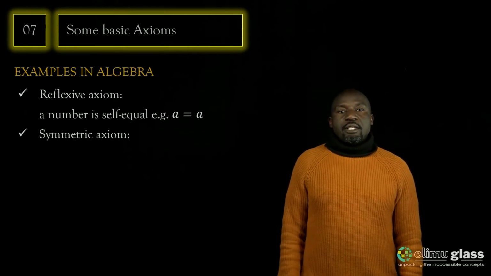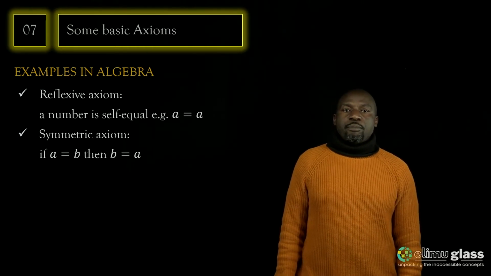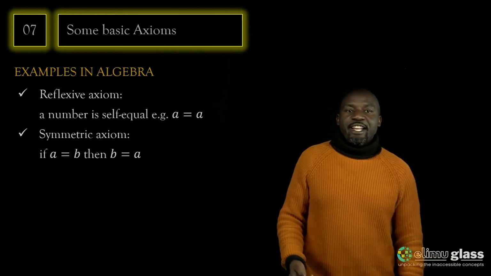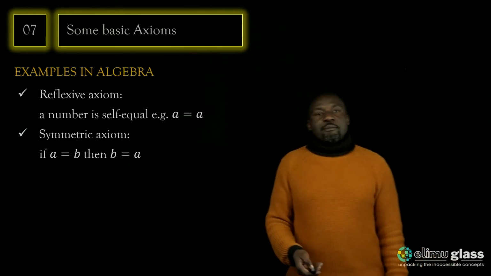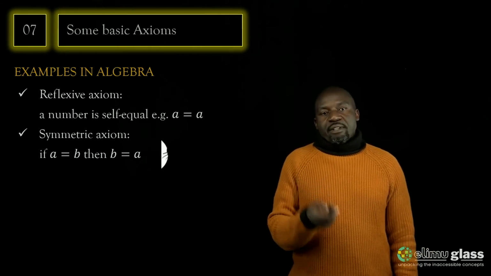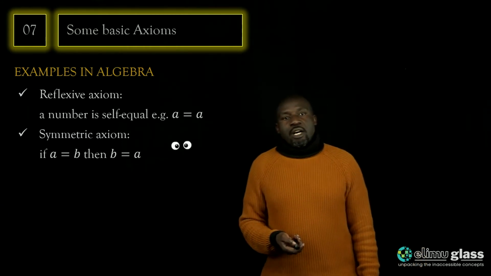But what about this? There's another one, the symmetric axiom, which says that if A equals B, then B must be equal to A. Okay? Yes, that's another mathematical axiom. Sounds really obvious, but we need to remind ourselves of these basic rules on which mathematical knowledge is based.